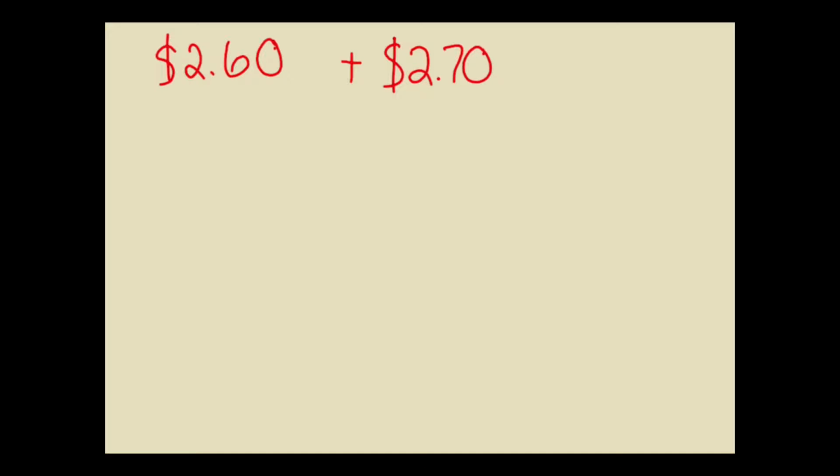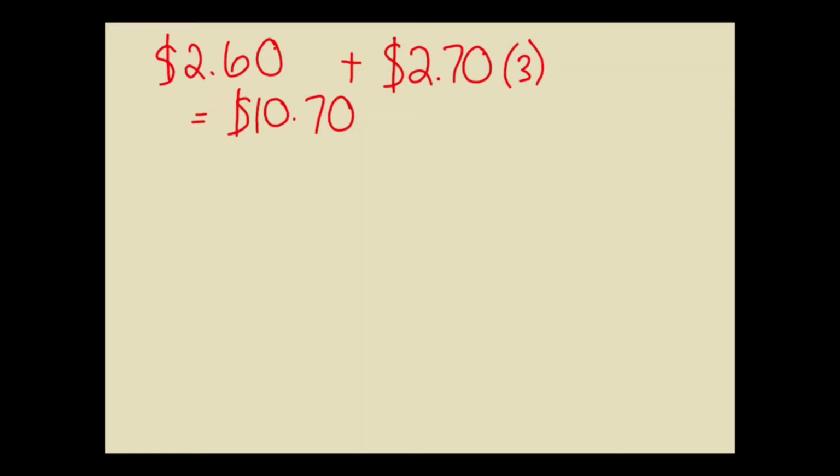X in this case would be our miles traveled, which would be 3. And in total, for Sam to make a 3-mile trip, our total would come out to be $10.70.